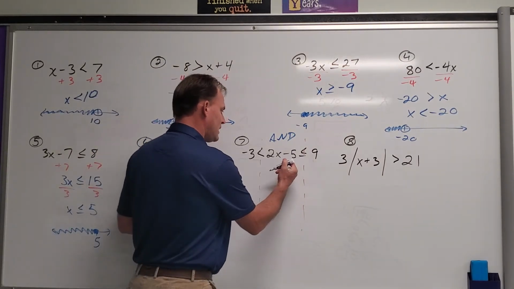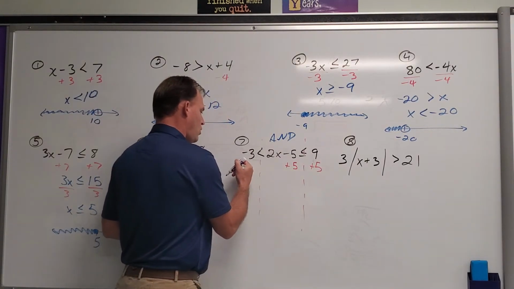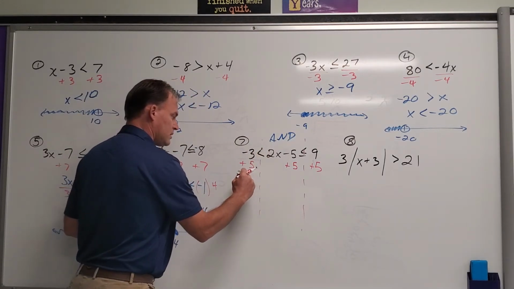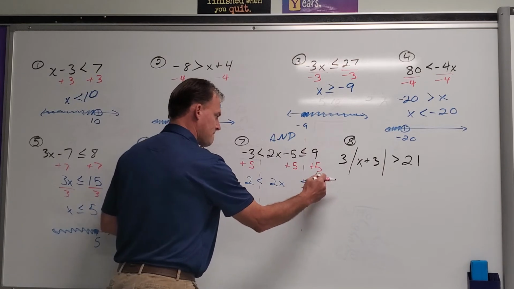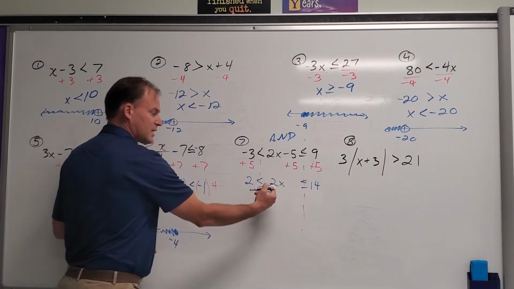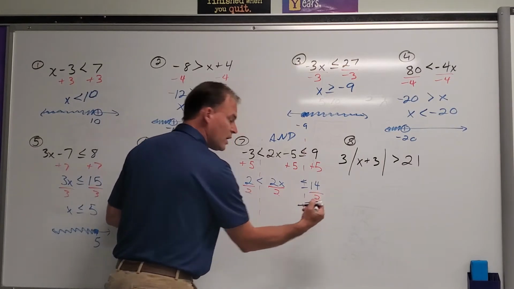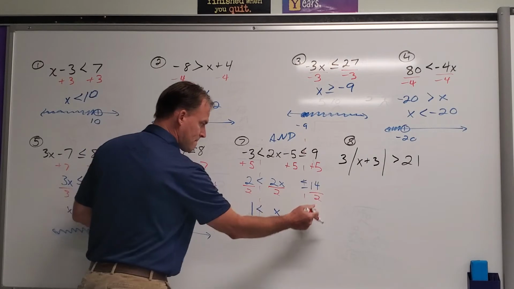Whatever I do in here to solve, I have to do on all 3 sides. Then do the math. This is +2. Now, if I wanted to get x by itself, I divide by 2, so I divide by 2 everywhere.